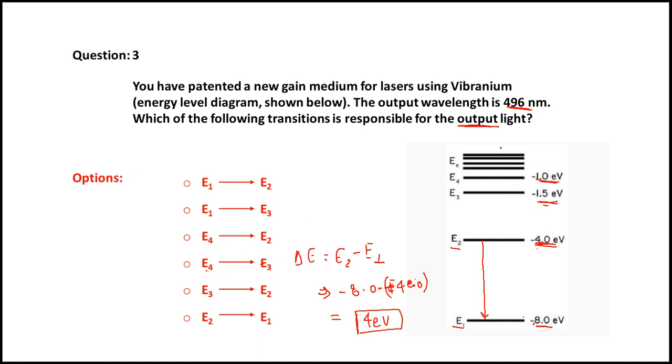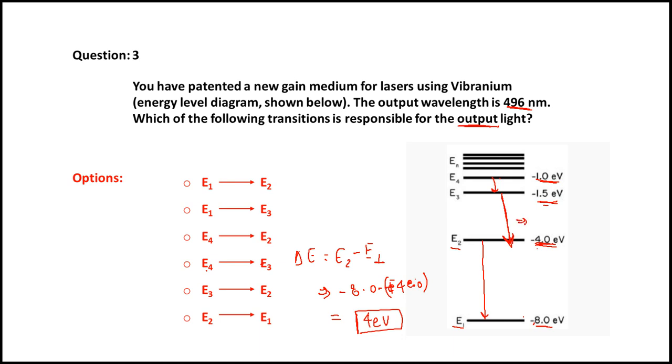Then E4 to E3. We had calculated E4 to E3, but its value was somewhat lesser, and therefore it was not our option. The fifth option is E3 to E2, and this is the option we found to be correct.